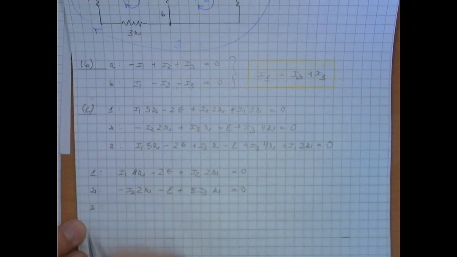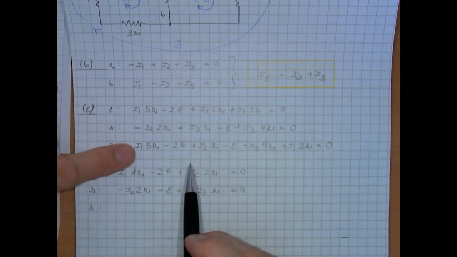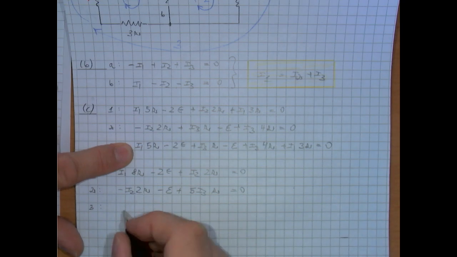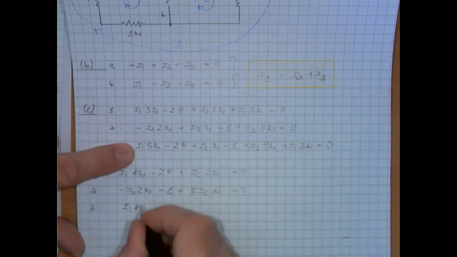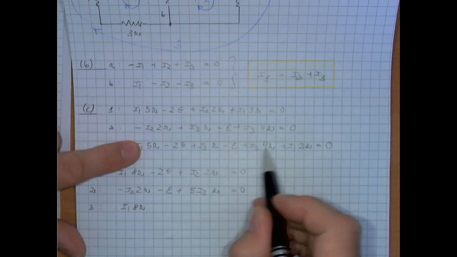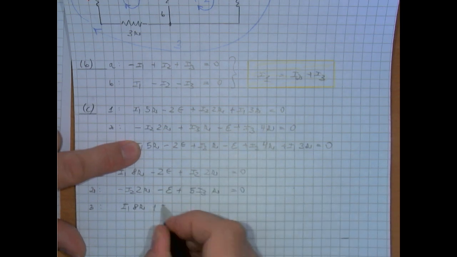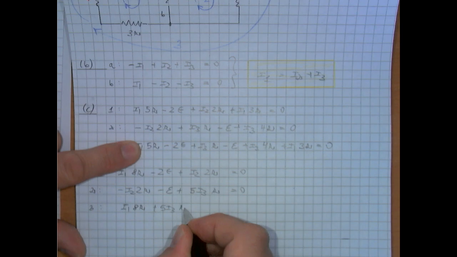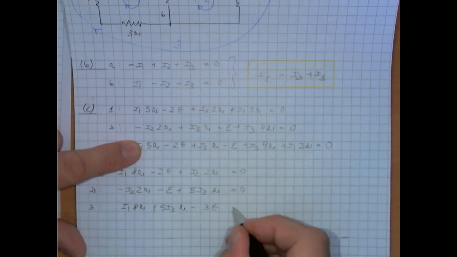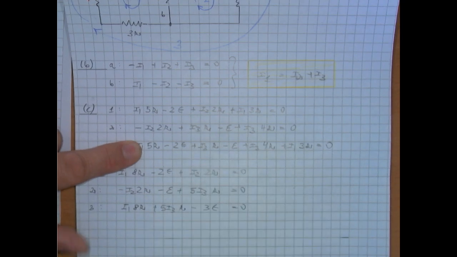And the third part now: we have here I1 and I1, so this gives us I1 8R. Then we have I3R and I3 4R. This gives us plus 5 I3R. And then we have minus 3 epsilon equals 0. Minus 2 epsilon minus epsilon.